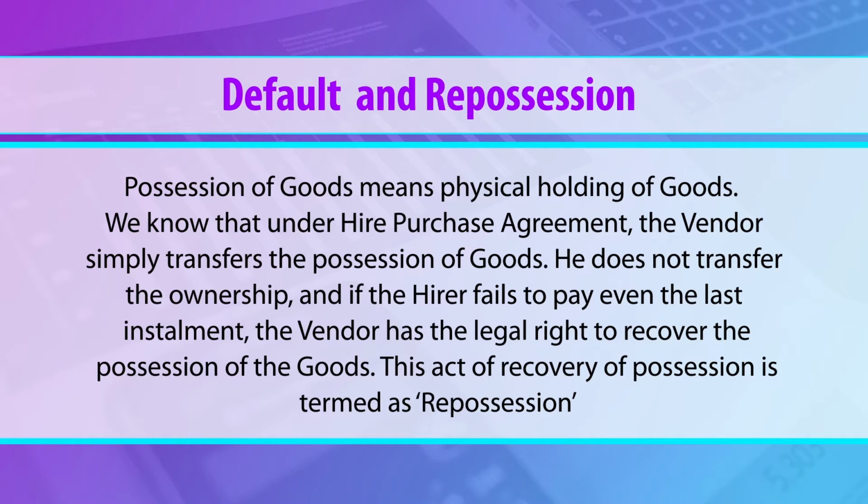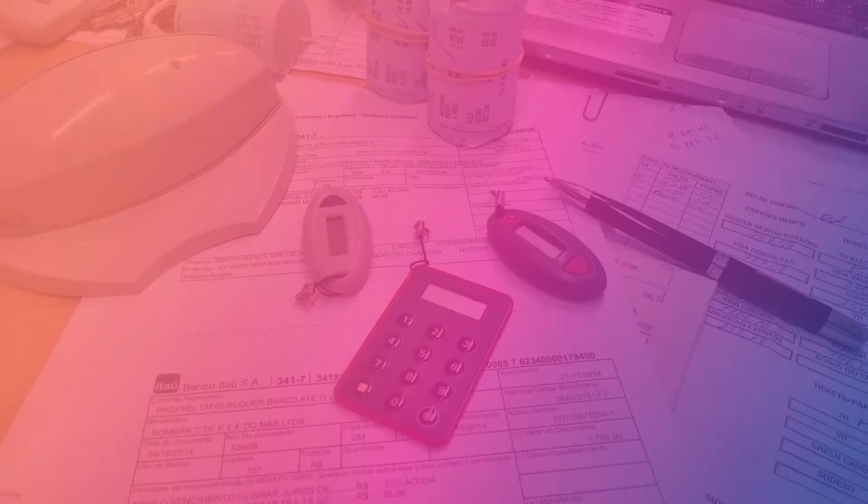So, when the hire purchaser does not fulfill his obligation, the hire vendor has every right to recover the possession of the goods. This act of recovery of possession is termed repossession.